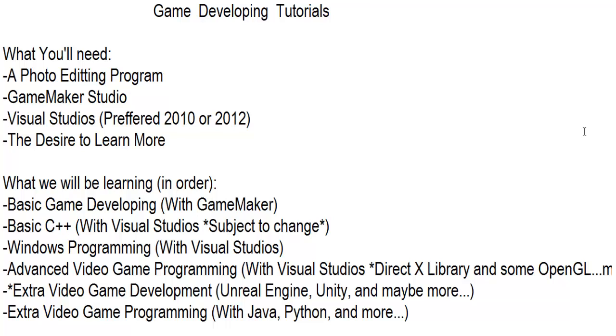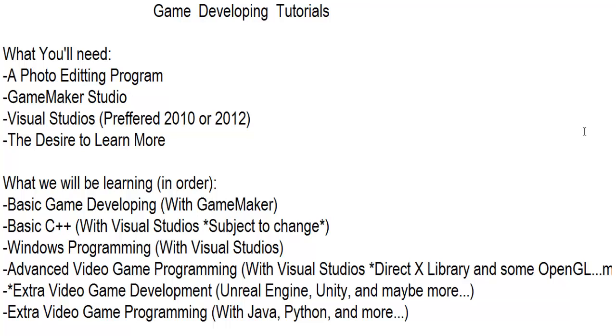We're going to be learning more 2D game development because I respect 2D more than 3D. But we're going to be doing 3D development later, so this is why I'm telling you everything that we're going to need for 2D stuff, and later on the 3D stuff comes in. You're going to need Game Maker Studio. We're also going to be learning programming in C++.